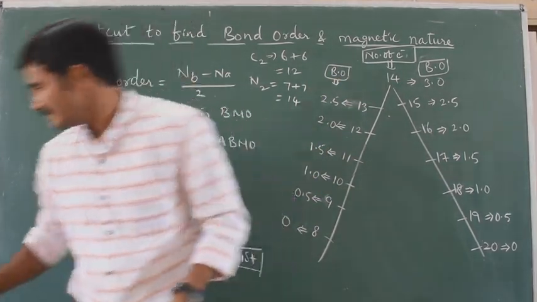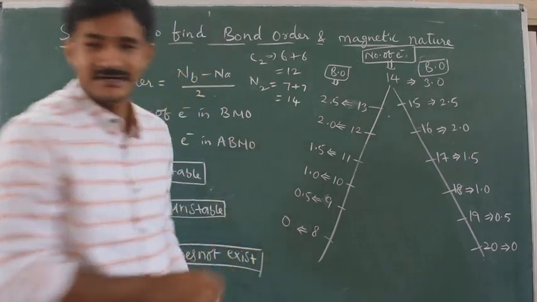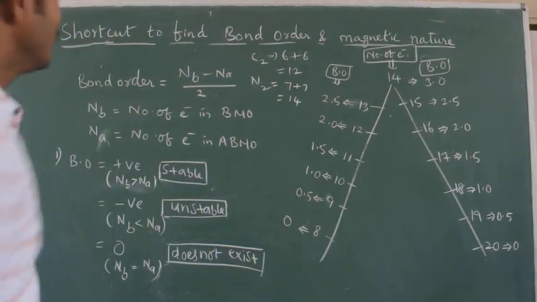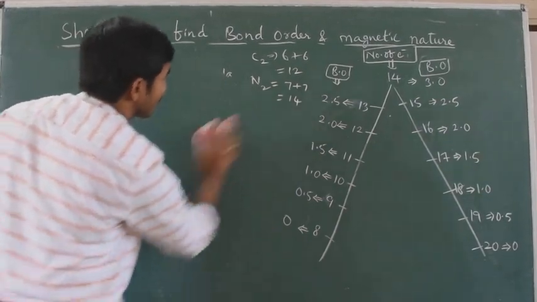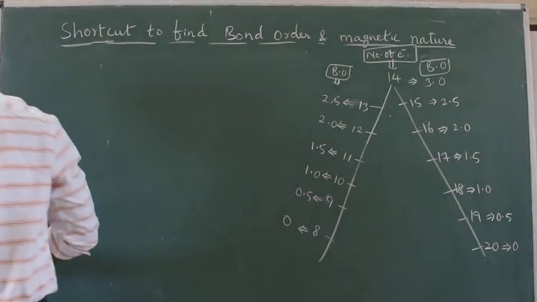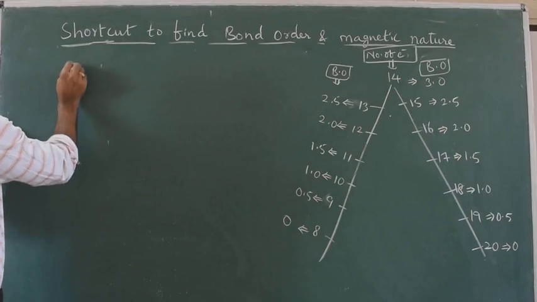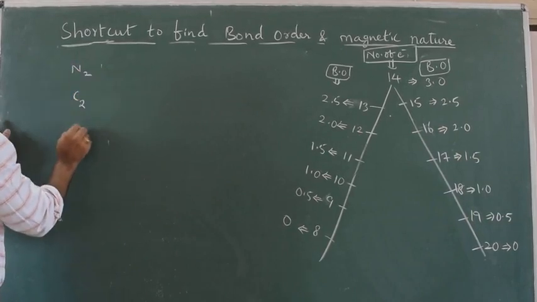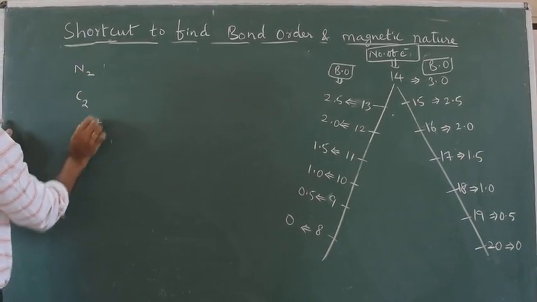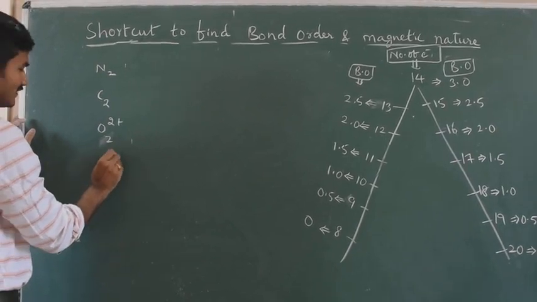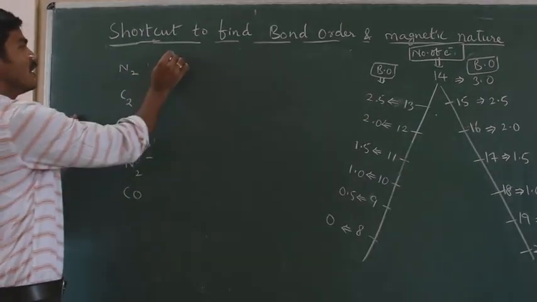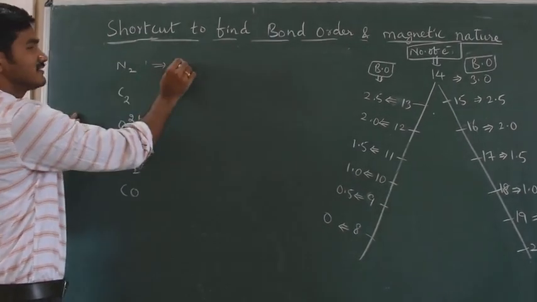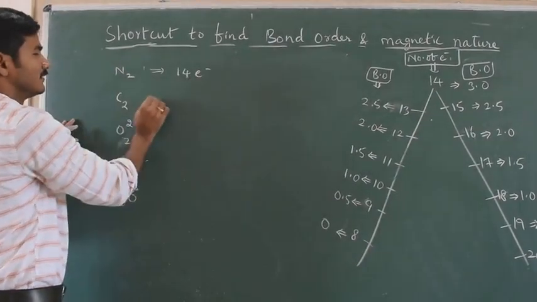Now let us see some examples of how to find the bond order of a molecule. I will take examples: N2, C2, O2 2 plus, N2 2 minus, CO, like this. For N2, how many electrons? Nitrogen 7 plus 7, 14 electrons.